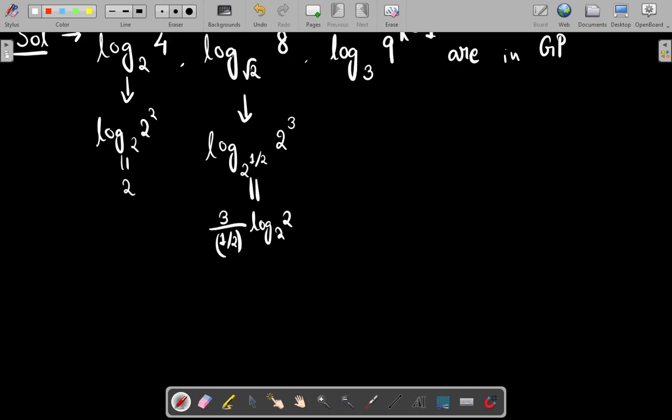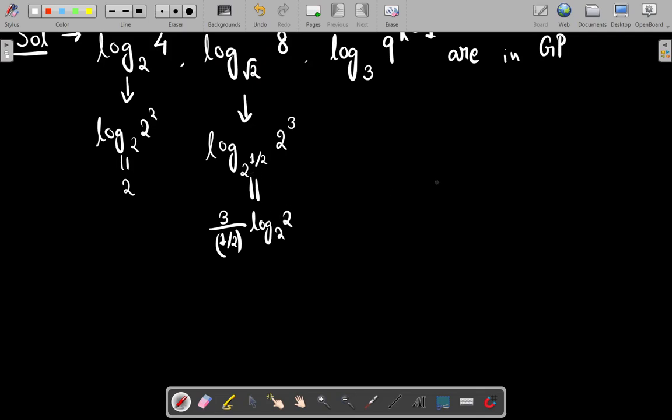This is the formula. The logarithm of 8 is 2 cube, this power comes in the numerator of the fraction, and the power of the base, that is 2 to the power half, comes in the denominator of the fraction, and the log of 2 base 2 is kept separate.